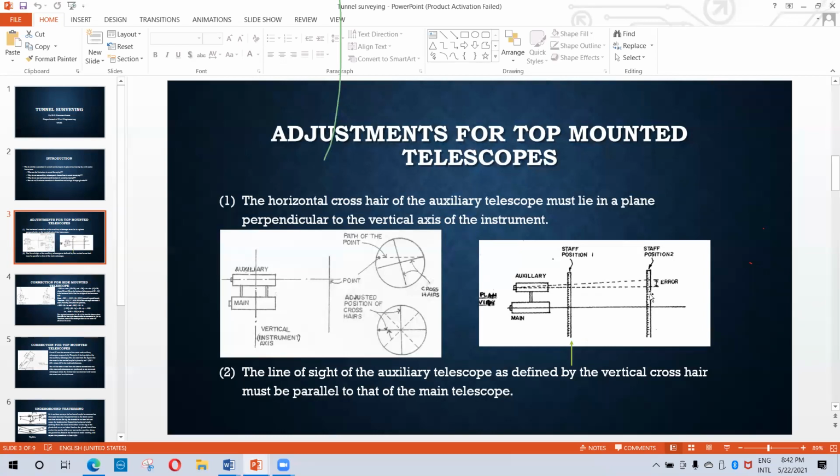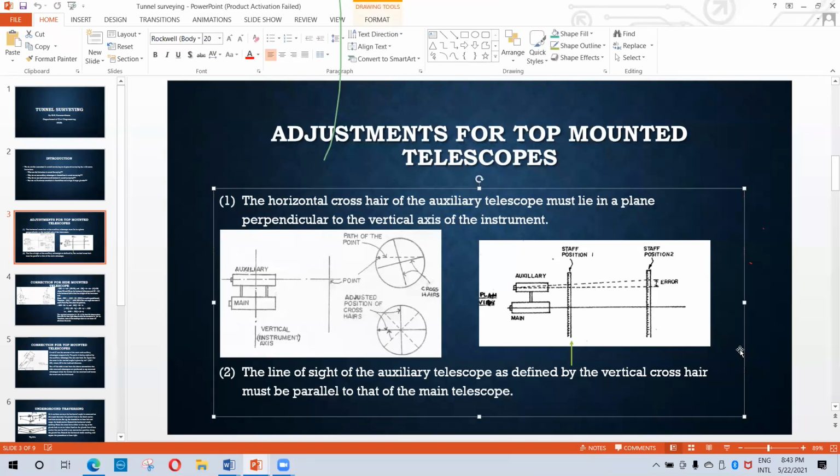Now, when you move this staff, the position of the reading for the auxiliary telescope has to be the same at that second position as well, because it has to be parallel, right? But if this goes up and down, there is an error. You can see that error. So with that, you have to do the correction, right? Those corrections you have to do when you are going to use auxiliary telescopes, right?